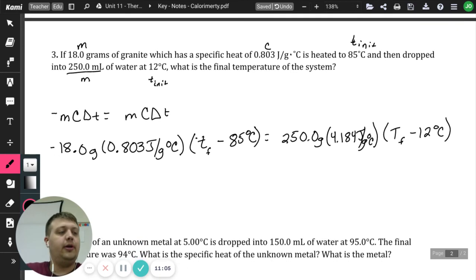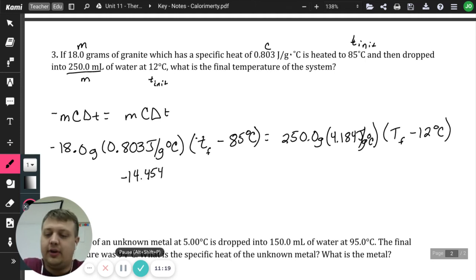All right. Then I am going to take that and actually start plugging in some numbers. First thing, I'm going to take negative 18 times that 0.803. I'm going to get negative 14.454 times my temperature final. And then plus, because it's negative 18 times negative 85, we're going to get 1,228.59.